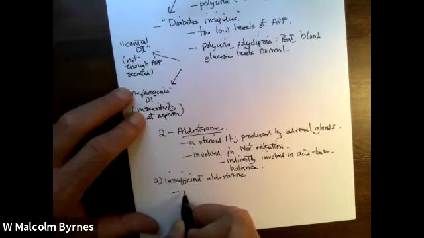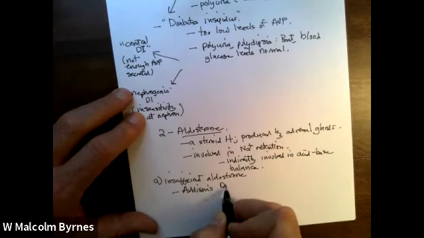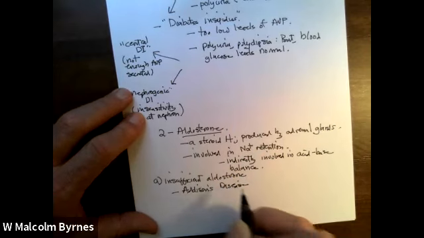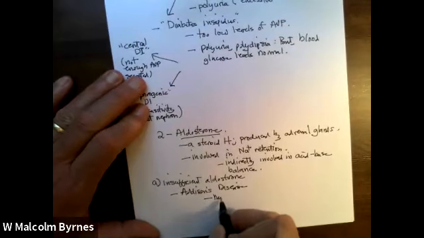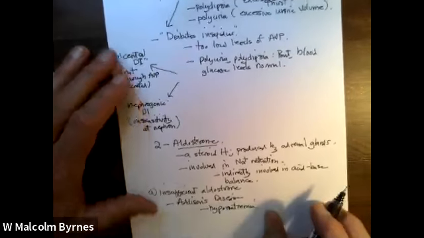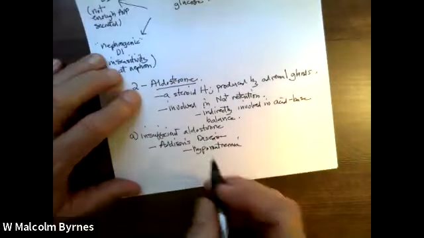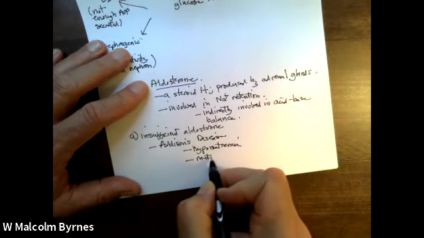This causes what's known as Addison's disease. And of course, you're going to have hyponatremia. But what you're also going to have is metabolic acidosis.